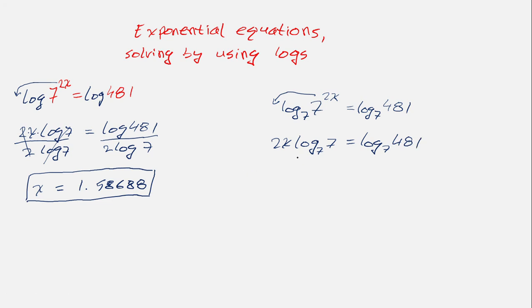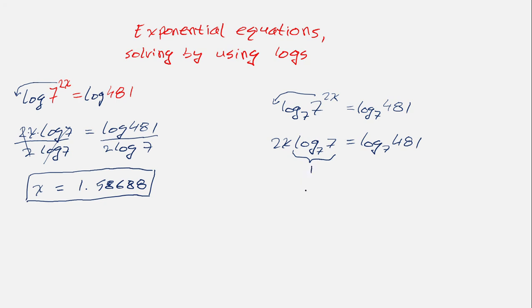Now, how this becomes easier is this. Log base 7 of 7, which means what do we raise this base 7 to get 7? So 7 to what exponent will give us 7? Well, that's just 1.